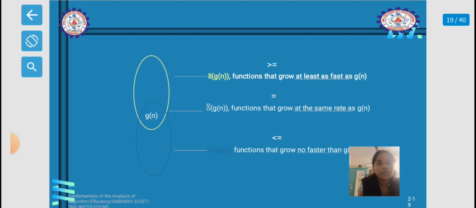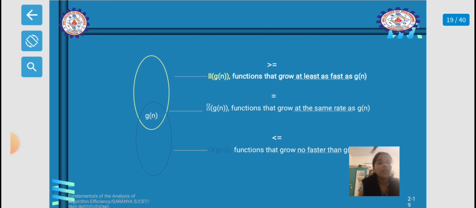Theta of g of n is the class of functions that grow at the same rate as g of n.